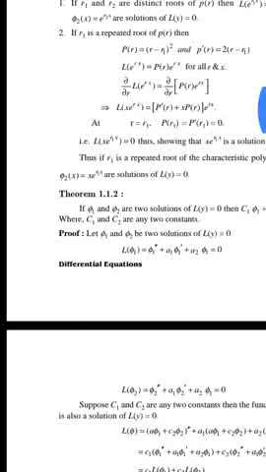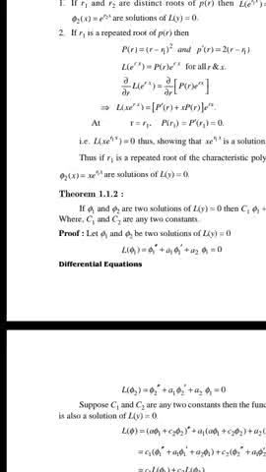Now see here, proof. Let phi1 and phi2 be two solutions of L of y equal to 0. That is, L of phi1 is equal to phi1 double dash plus a1 phi1 dash plus a2 phi1 is equal to 0, and L of phi2 is equal to phi2 double dash plus a1 phi2 dash plus a2 phi2 is equal to 0.